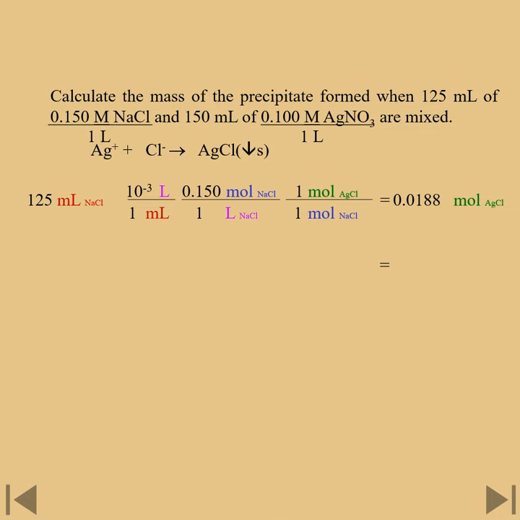Same thing with the silver information, still after moles of silver chloride.